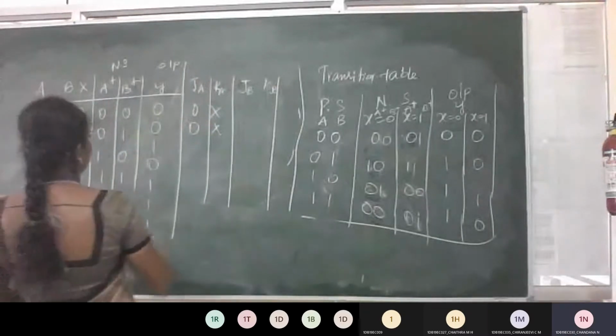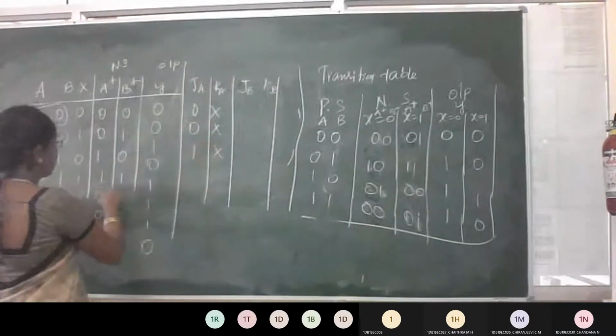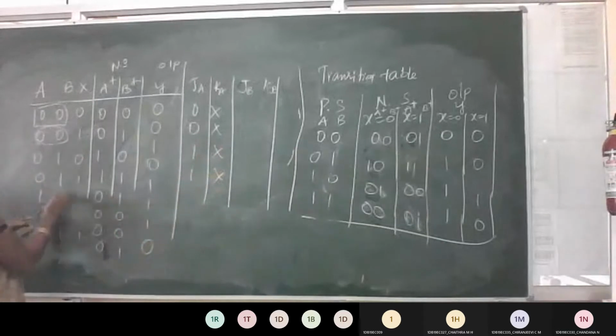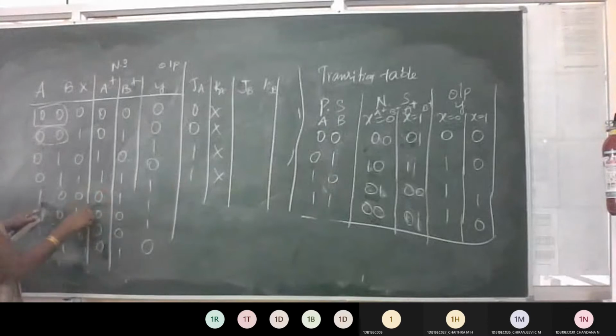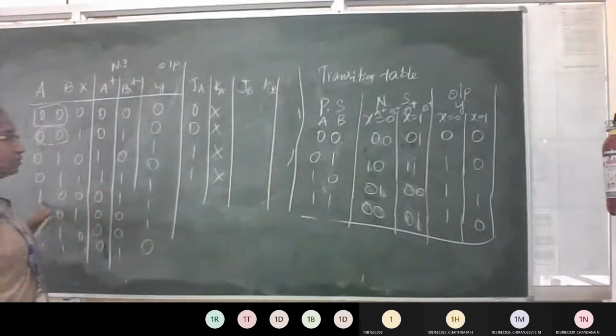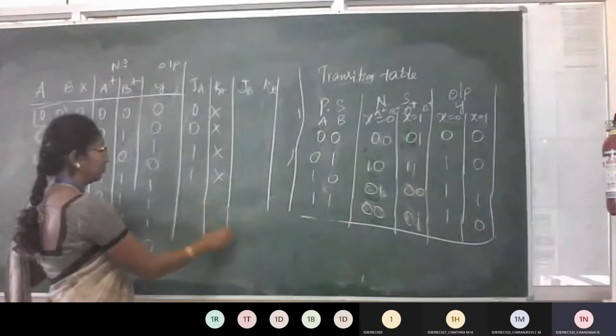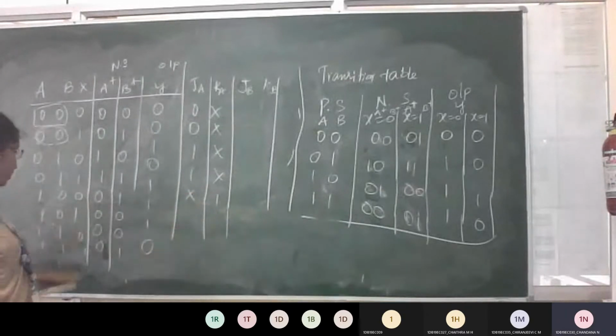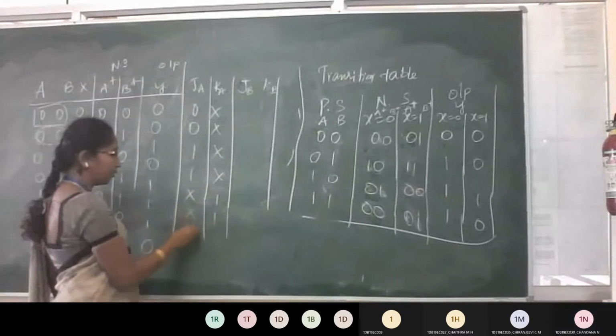Next 0 1, 1, don't care. Next for 1 0, don't care, 1. Again 1 0 1 0: don't care 1, don't care 1.